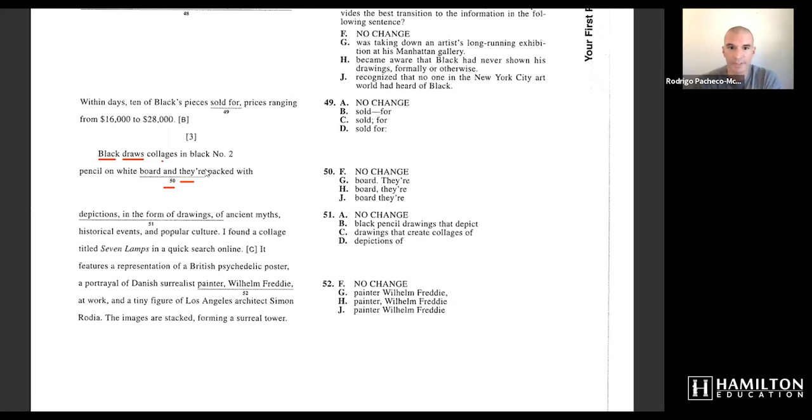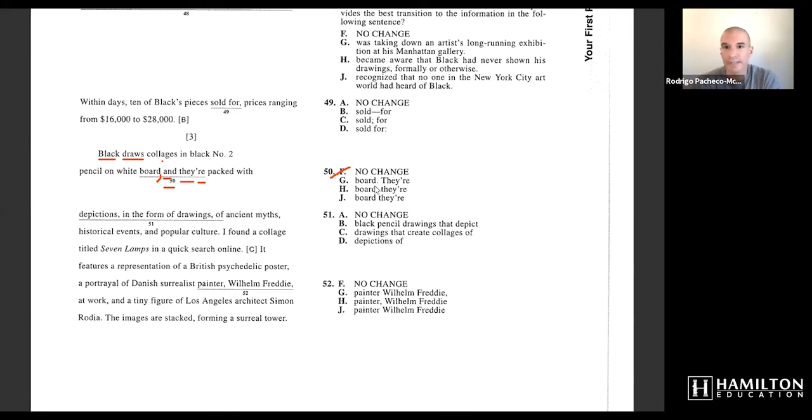They is our subject, and are packed. Are here is our verb, and this is our second clause. So how do we join two independent clauses? We could use a conjunction, as we see here with F, no change, but we also need a comma. We don't have the comma there, so we can eliminate F.